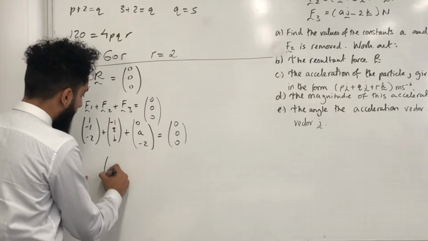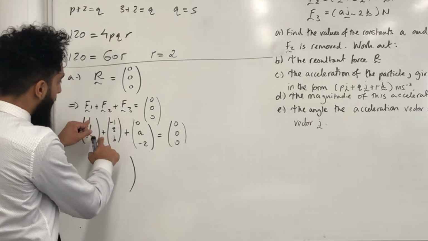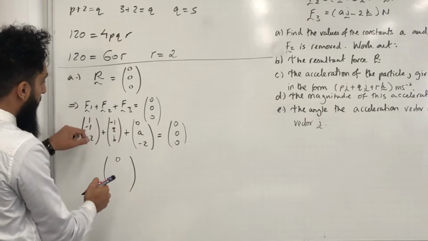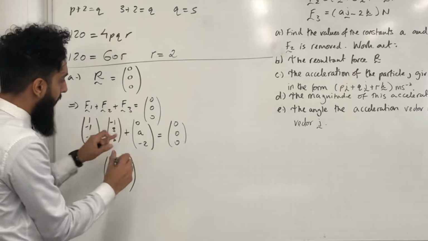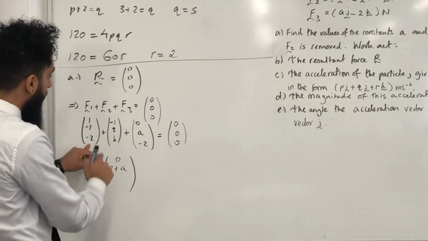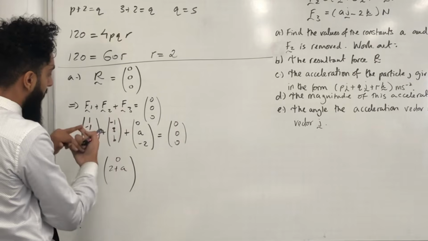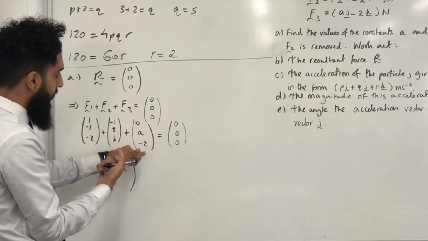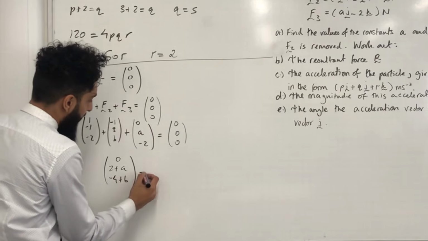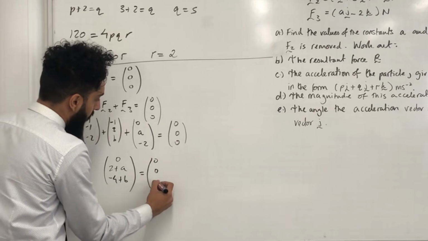So if I do this, I get 1 + (-1) is 0, plus 0 is 0. -1 + 3 is 2, plus A is 2 + A. -2 + B is -2 + B, plus -2, that will be -4 + B. This has to equal (0, 0, 0).